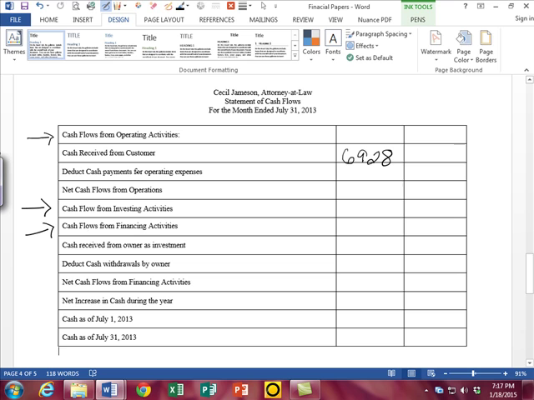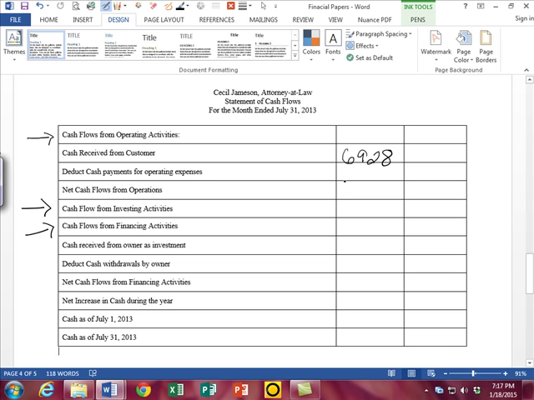We need to deduct cash payments for operating expenses. Now, this is going to be any money going out to liabilities, and it's going to be expenses that are paid. So we had liabilities that we paid out, $1,055. You can see that in transaction B. We paid the rent of $1,200 in transaction D. And then in transaction I, we paid a total of $1,500 out to expenses for a total of $3,755.